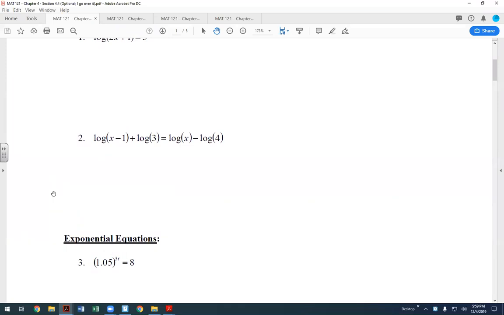Okay, take a second and tell me what do you think is going to happen on number 2 here. Log of x minus 1 plus log of 3 equals log of x minus log of 4. Something we did in the last section.